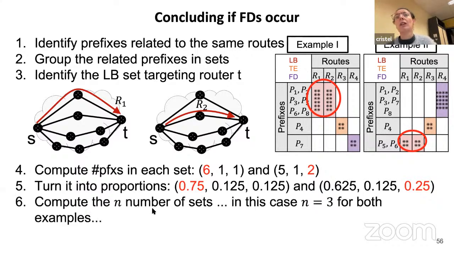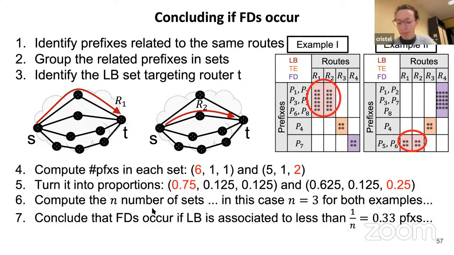And we only consider it a forwarding detour when we see enough prefixes in the set that is not legitimate, so that is not the red set, and for which we observe many prefixes inside the set, so the majority of the prefixes.